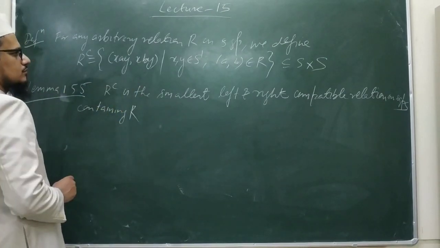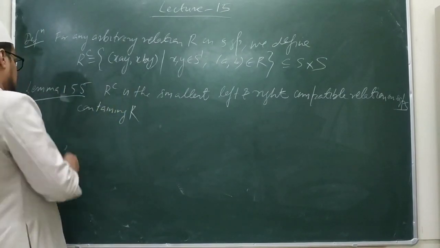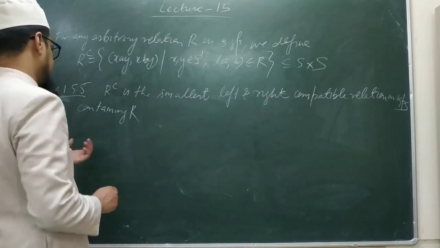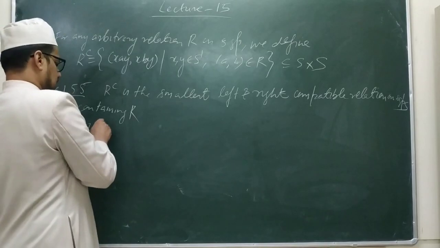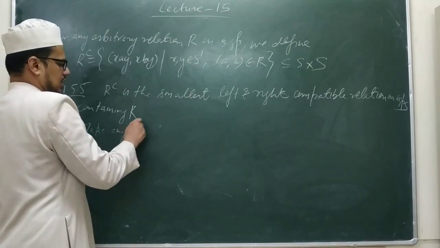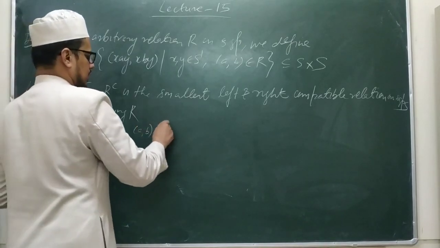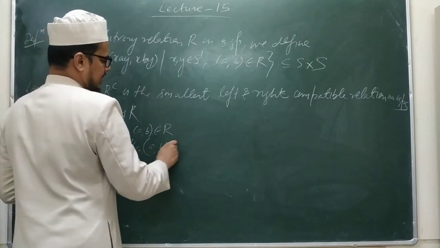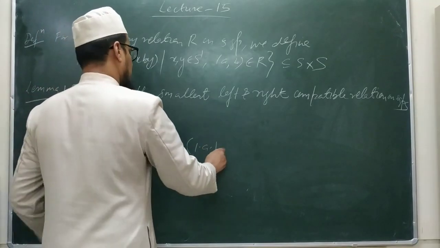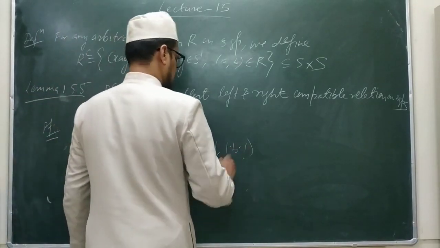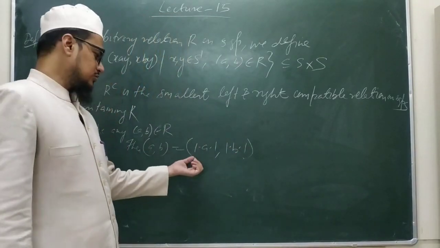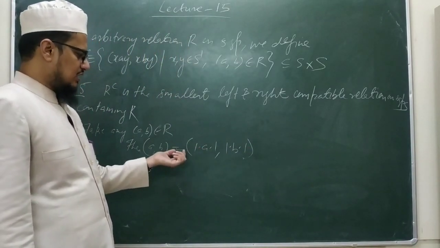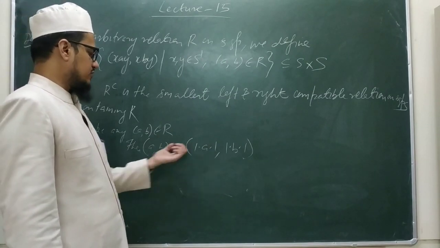Proof. Take any (a, b) belongs to R. Then (a, b) can be written as (1·a·1, 1·b·1). We can write like this because 1 is the identity element, so 1·a·1 is a.